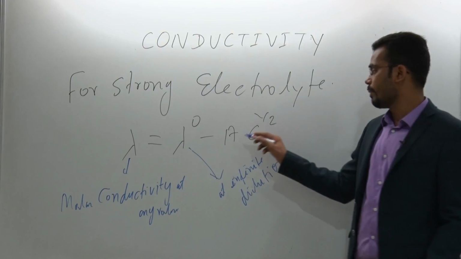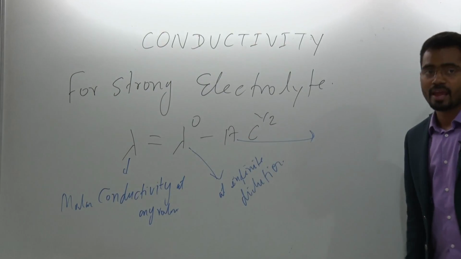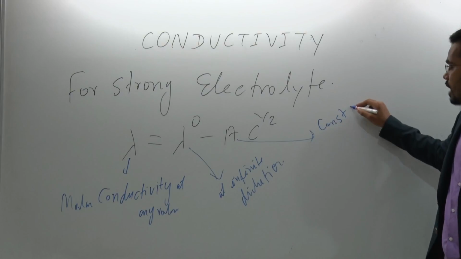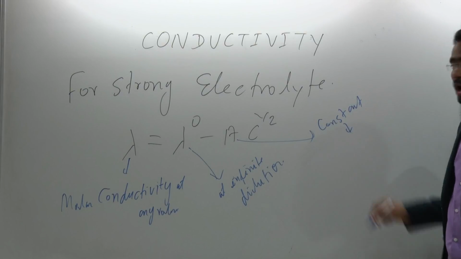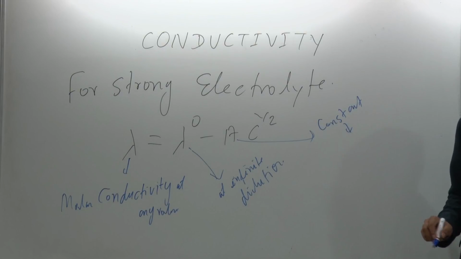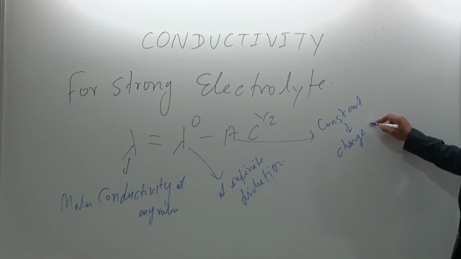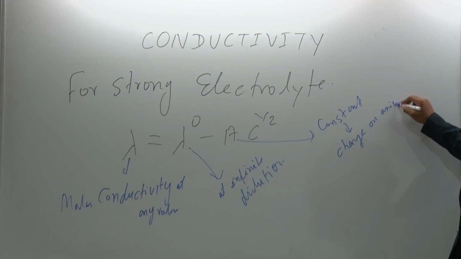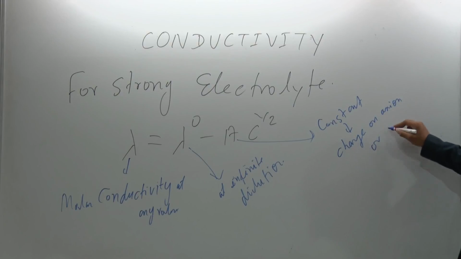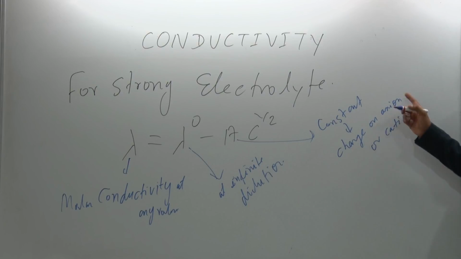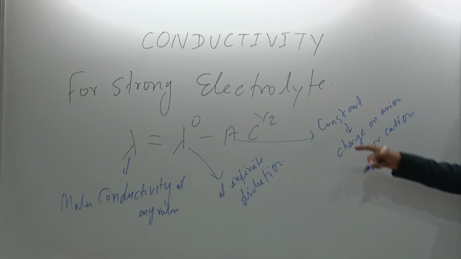And what is the A? A is a constant, which depends on the charge on the anion or cation of the electrolyte.